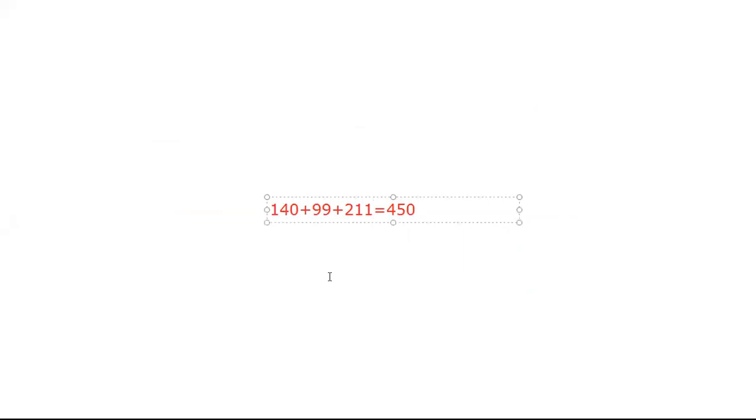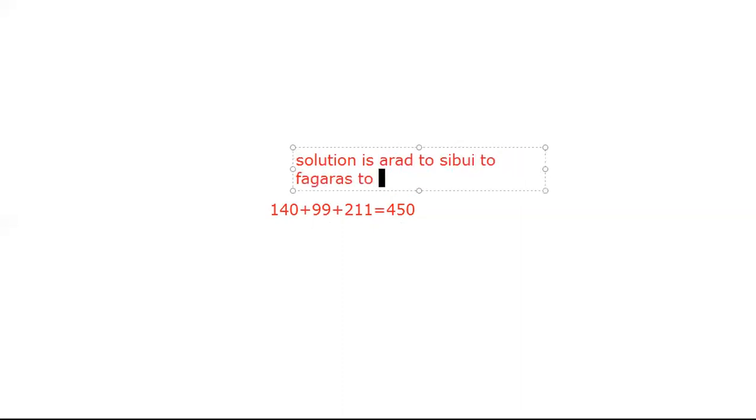So the actual distance, so you can say that the solution is from Arete to Shibui to Phagaras to Bucharest. That is the solution, okay?